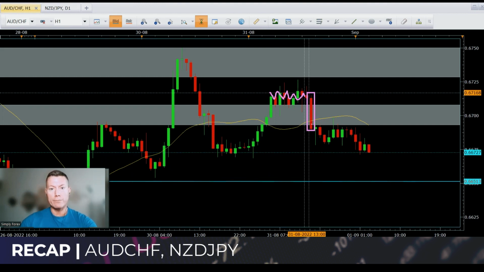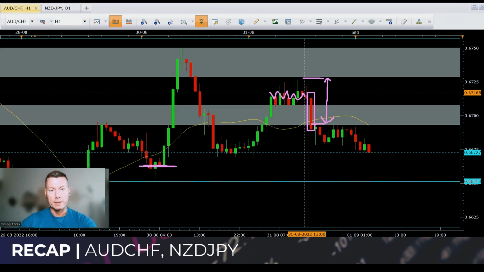I got a slight retrace and I entered here. My stop is just above this swing high. It's quite a large stop, from here to here. So I entered on this candle and put my stop above here, and the idea, to be honest with you, is I will close when I get 1:1, which will roughly be at these lows here.